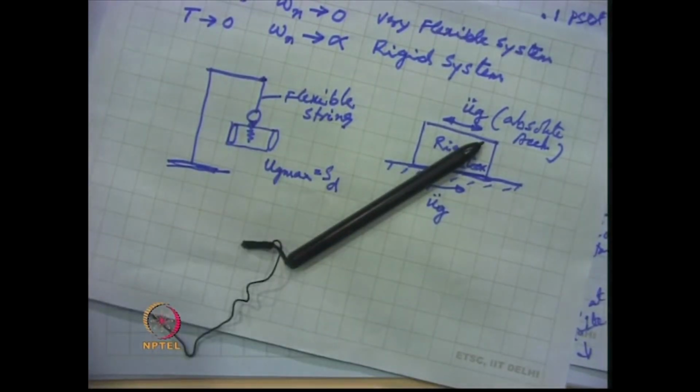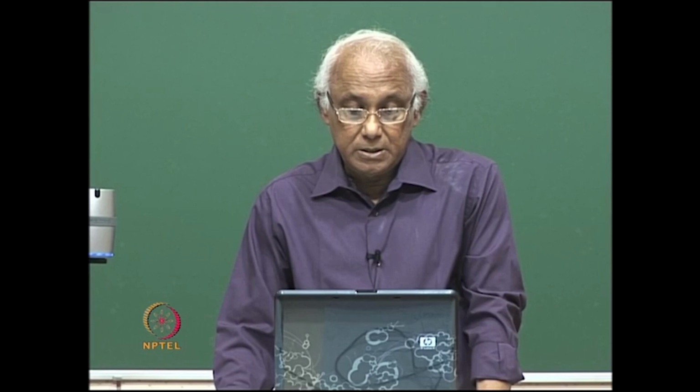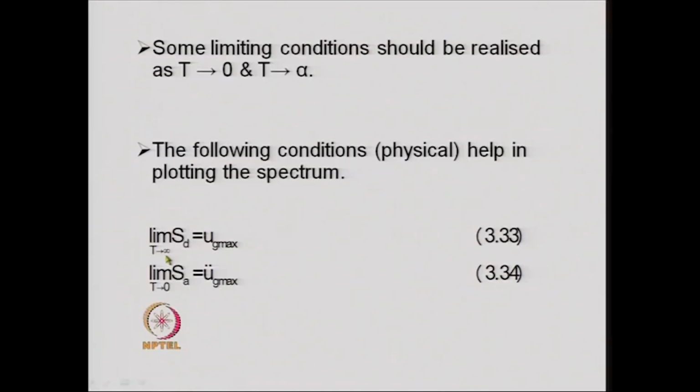So, therefore, the following physical conditions emerge: the limit T tending to infinity for S d becomes equal to u g max, and the limit T tending to 0 for S a becomes equal to the ground acceleration.